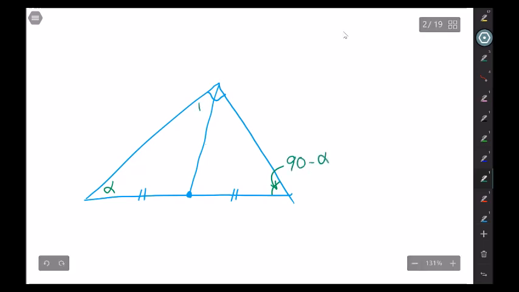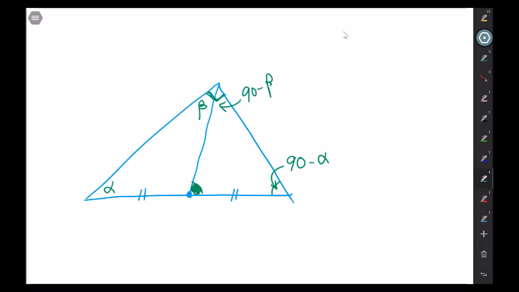And if I label this one as beta, this one will be 90 minus beta, because the whole thing was a 90-degree angle here. And this angle ends up being, because it's the external angle, alpha plus beta. But then we are kind of stuck.